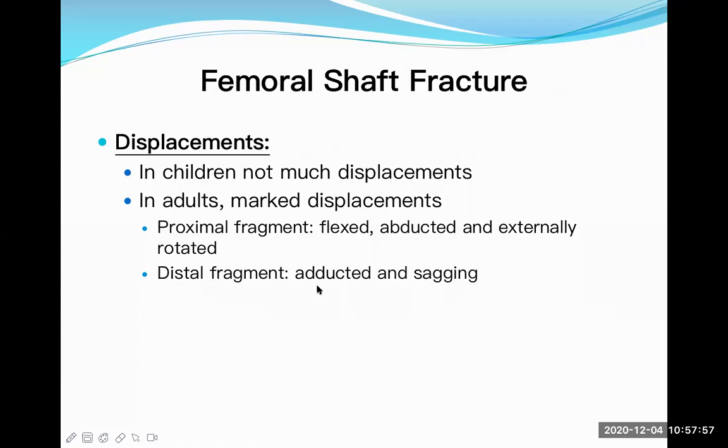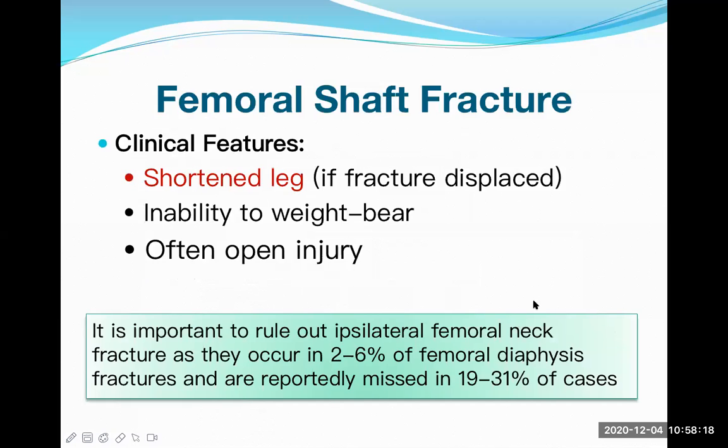So this is important for us. Remember, regarding the displacement, we always look mainly at the distal fragment. We also look at the proximal fragment, there's no doubt, but the distal fragment is the one we look at in the beginning. So there's adduction and sagging of the distal fragment as a result of displacement.